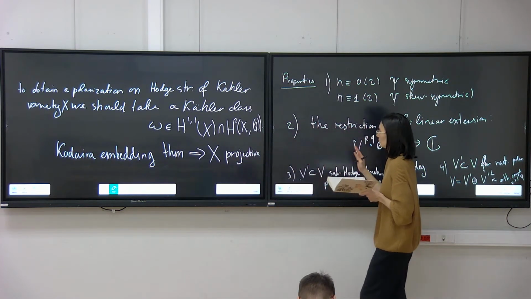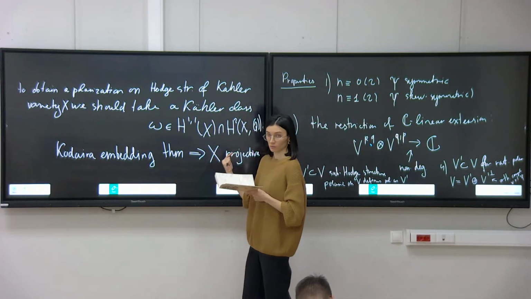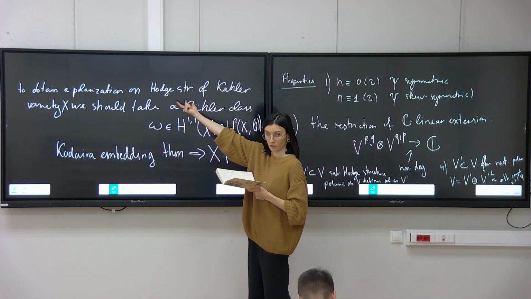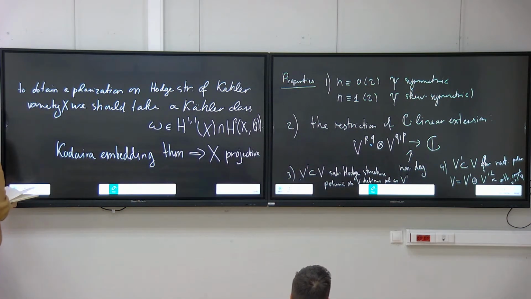So this is why this abstract notion corresponds to projectivity for our favorite Hodge structure on the cohomology of a Kähler variety. Sorry, this lecture we don't have time to illustrate why all these notions are important, but next time I will illustrate it.